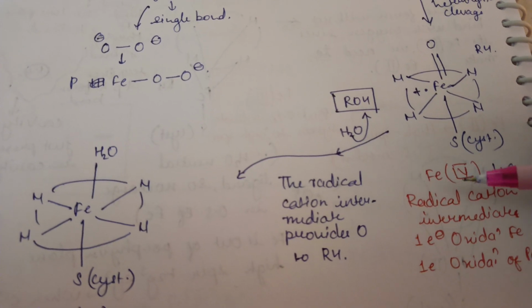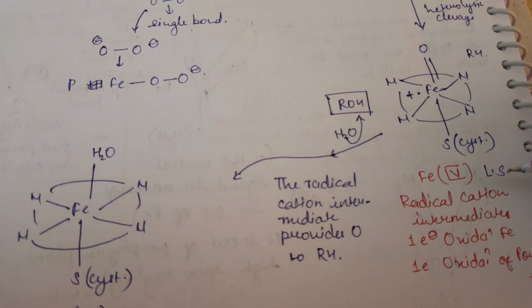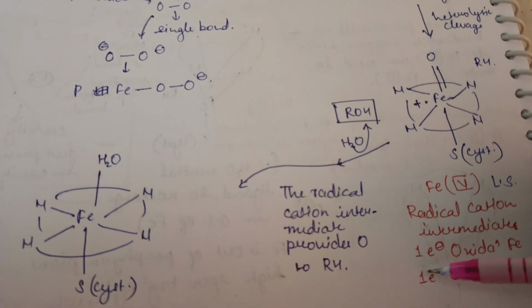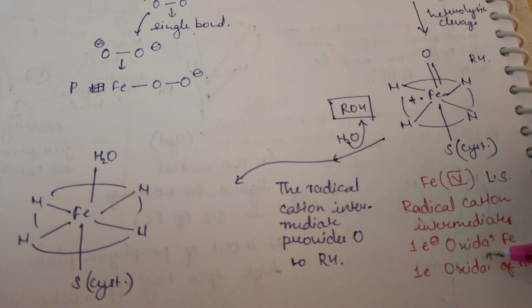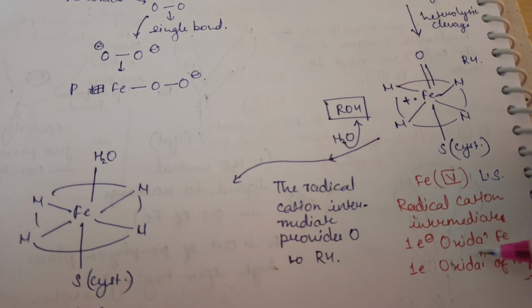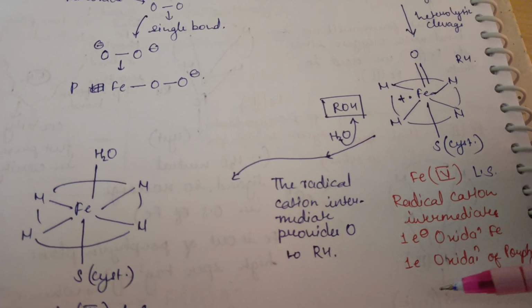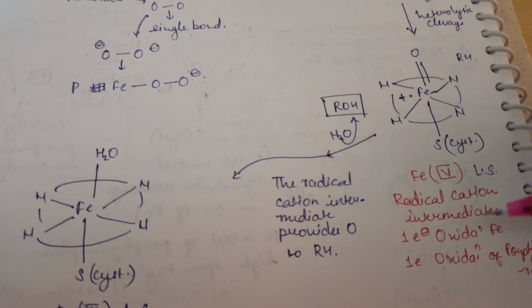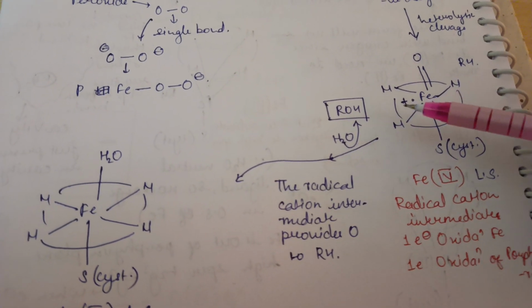Fe is in +4 oxidation state and it is still low spin because 6 coordination sites are still there. 1 electron is used for oxidation of iron, and 1 electron is oxidizing the porphyrin ring. That's why we are getting this radical cation intermediate.